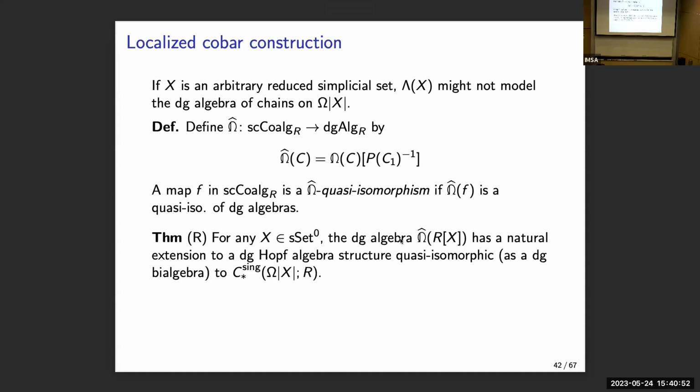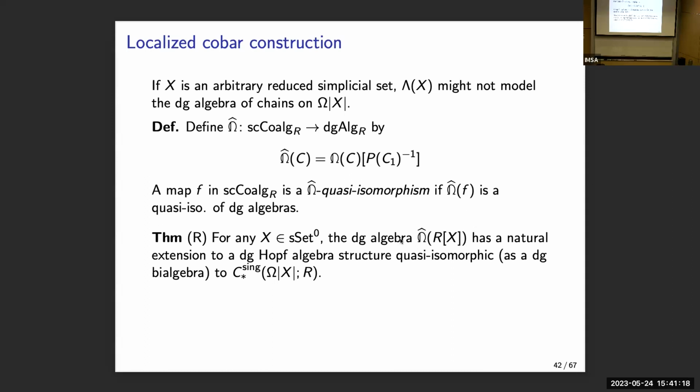For any reduced simplicial set, this differential graded algebra, where you take the simplicial coalgebra of chains, take the cobar construction, and formally invert the one-dimensional points, is a differential graded algebra that has a natural extension to a differential graded Hopf algebra.